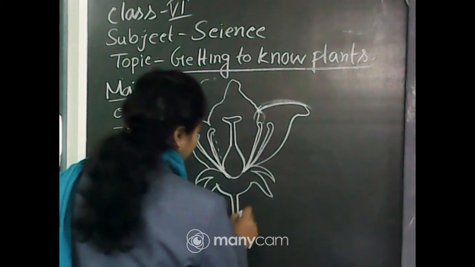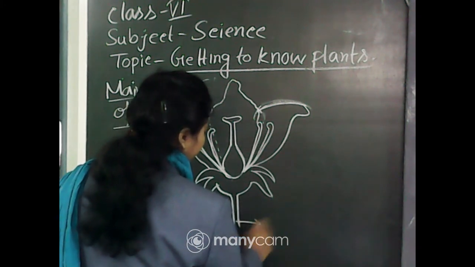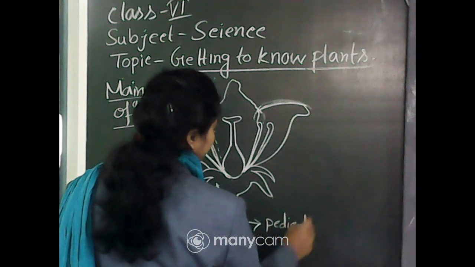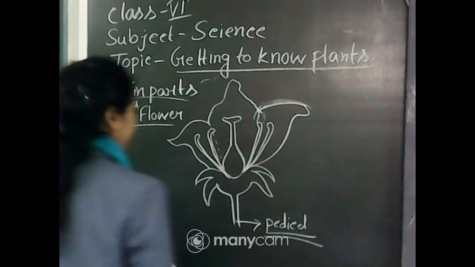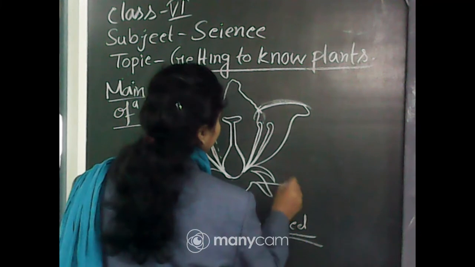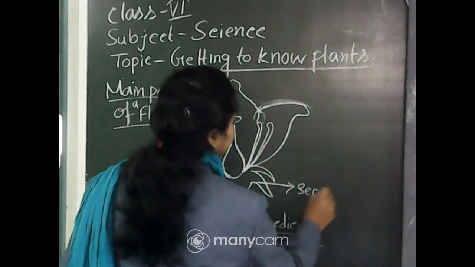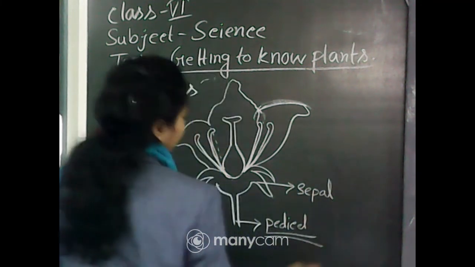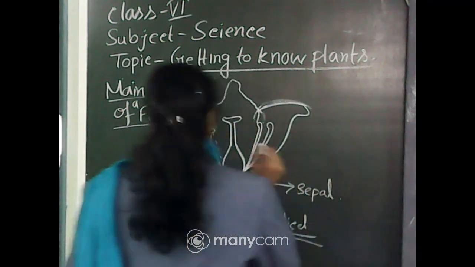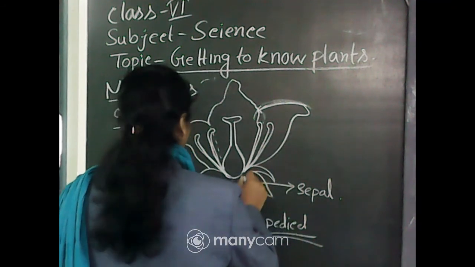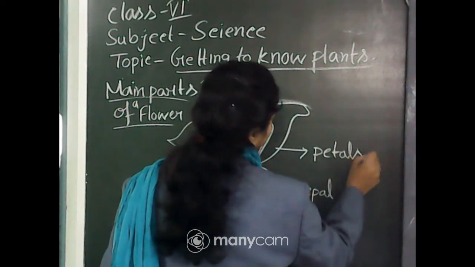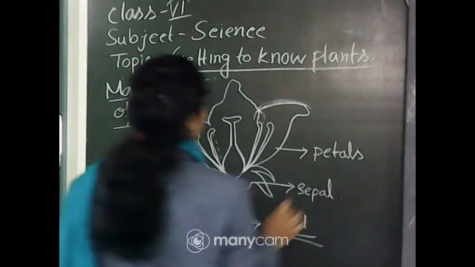This is the stalk or pedicel through which a flower is attached to the stem. Now, the outermost part of a flower is known as the sepals. Then come the petals; petals give very good fragrance.